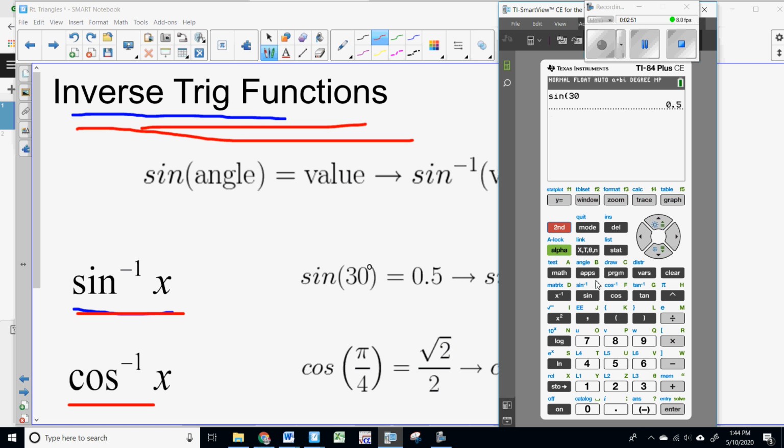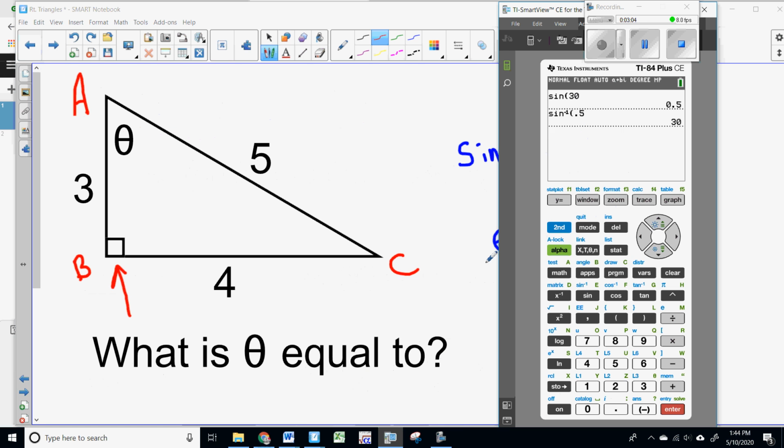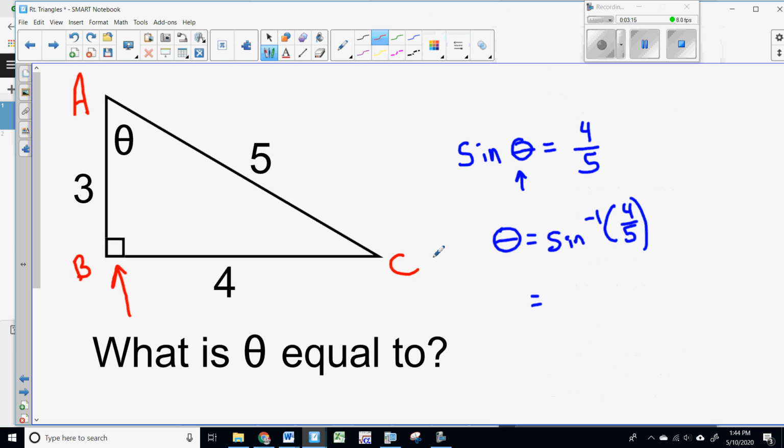If I do inverse sine of 0.5, it gives me my 30 degrees. So this is a way to find the angle. So here, inverse sine of 4/5 would give me 53.12. So my answer is 53.12.